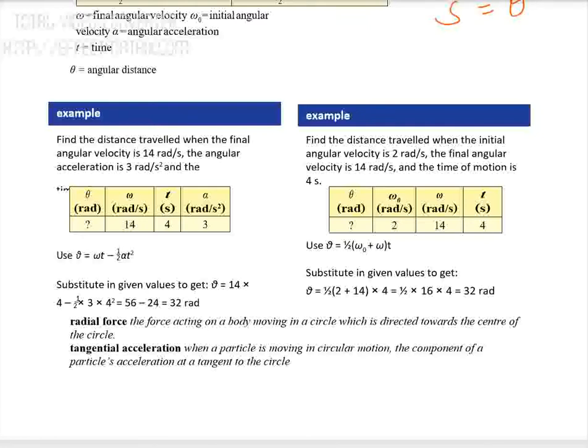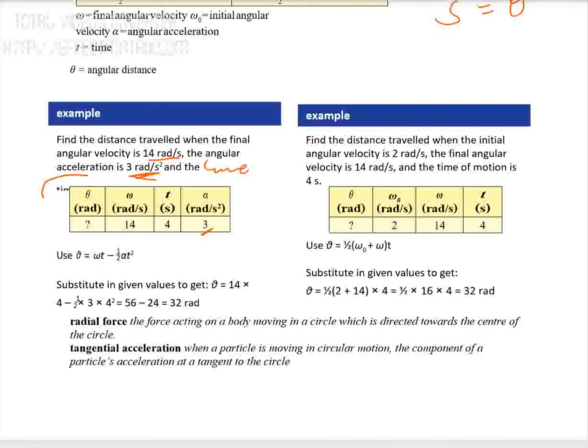Here, find the distance traveled when the final angular velocity is 40 rad per second and the angular acceleration is this much. The final angular velocity is given as 40, and the angular acceleration is 3 rad per second squared.